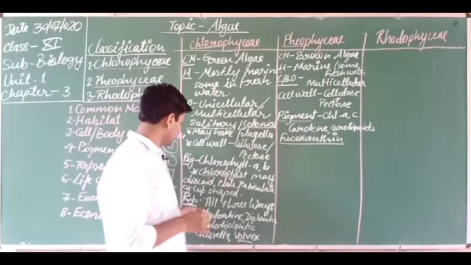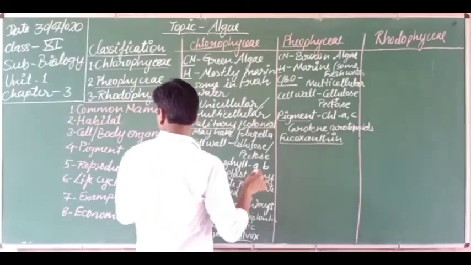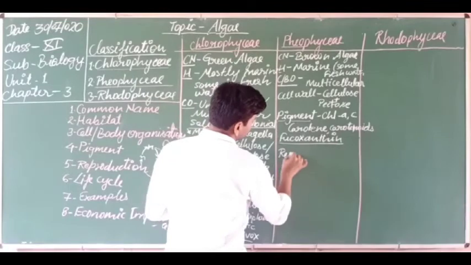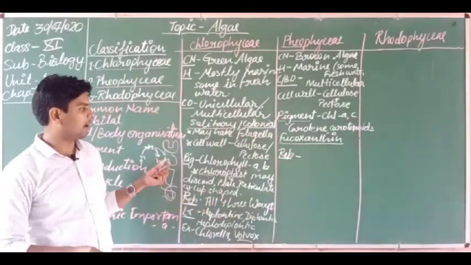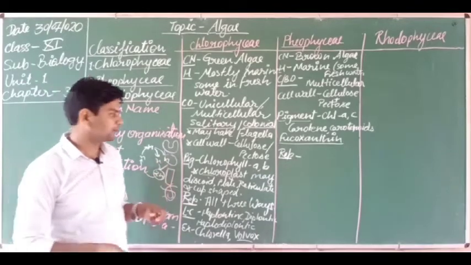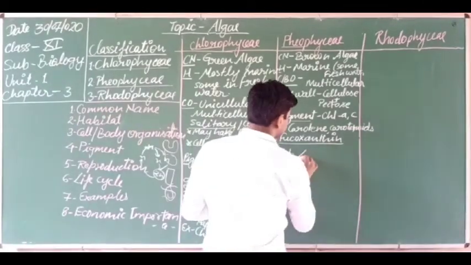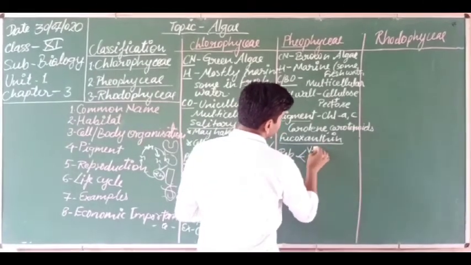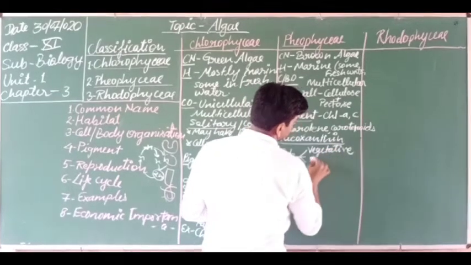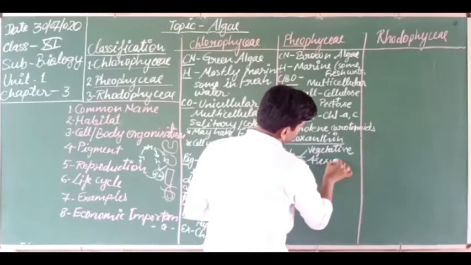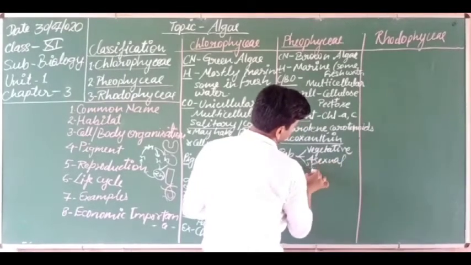Next, let's discuss which type of reproduction is found. All three ways of reproduction are found here. All three ways means vegetative, asexual and sexual.